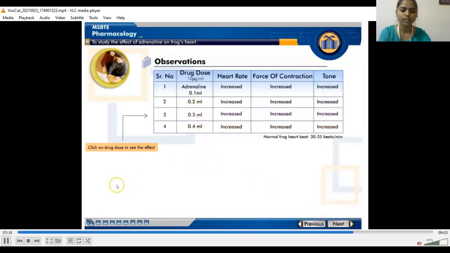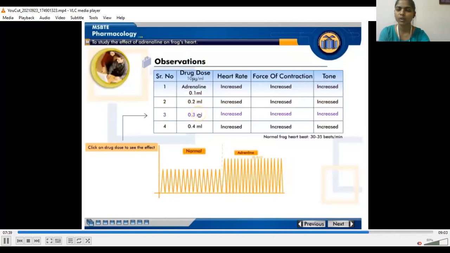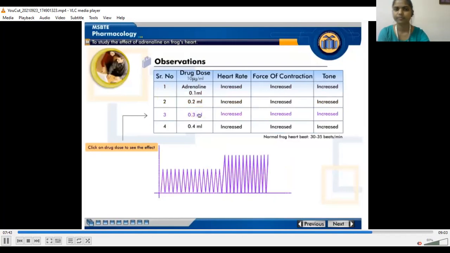If we click on the first response, it shows an increase in the heart rate, force of contraction as well as tone. Okay, so see, there is a difference between the normal heart rate and after the administration of adrenaline. If we click on the responses, it shows a different heart rate as compared to the normal range.